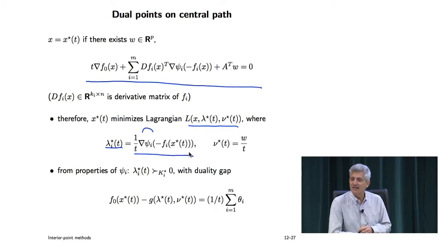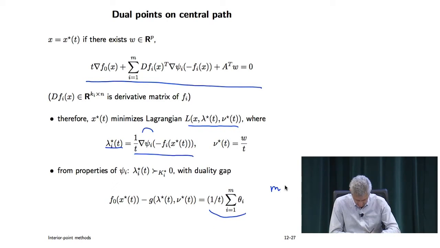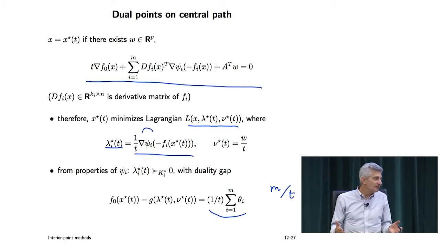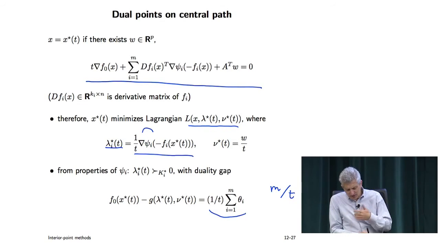You get the sum of the thetas. So the calculation is identical, and you get this. What's really cool about this is that this is the analog of m over t that you've seen up till now for the scalar inequality case. And in fact, the scalar inequality case is a simple case. You just say that you have a problem, you have f_i less than 0, but that's a scalar.